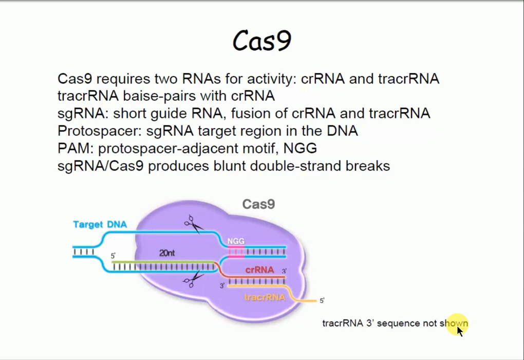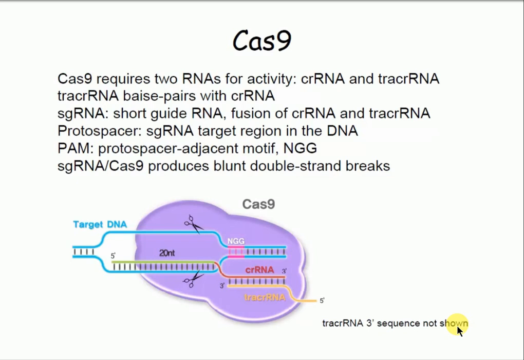And the tracrRNA is required for Cas9 activity. So it's a way to tightly control this powerful enzyme, which is obviously relevant for bacteria, but maybe not for us when we want to manipulate DNA.